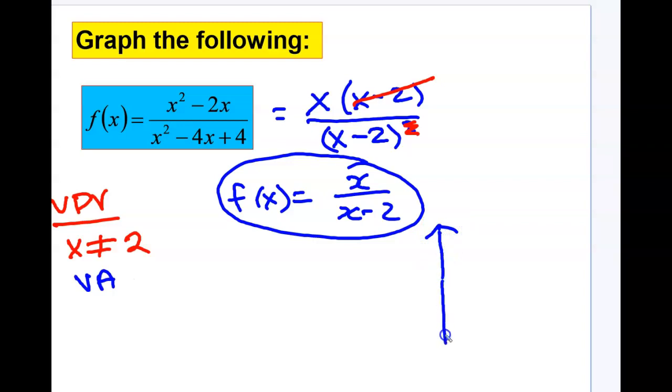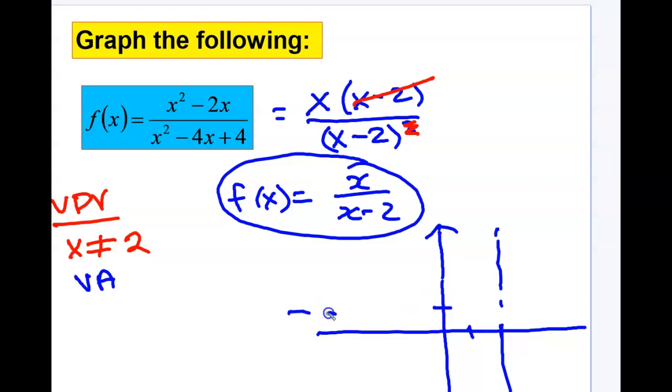So to draw this sketch quickly, at 2, I'm going to get a vertical asymptote. Okay, we also know that I have a horizontal asymptote at y equals 1, and there's a couple ways I can tell, but the easiest way, looking at the original question, because my degrees are the same, I take the ratio of the coefficients in front, and that gives me my horizontal asymptote.